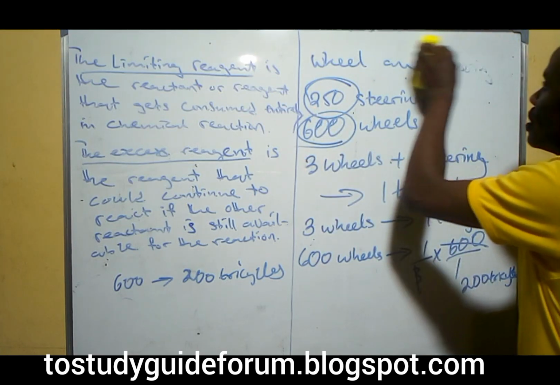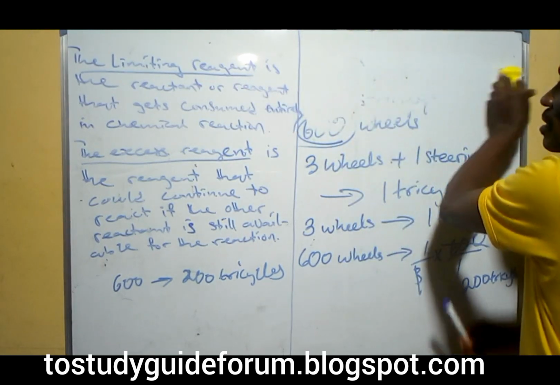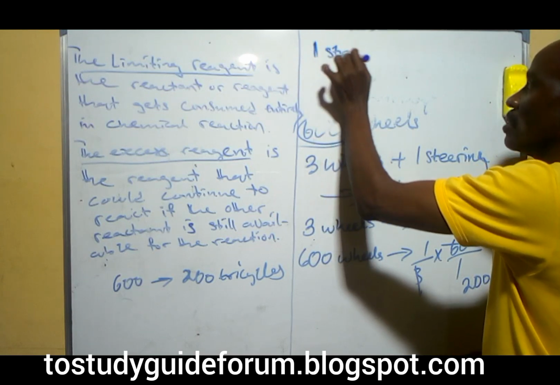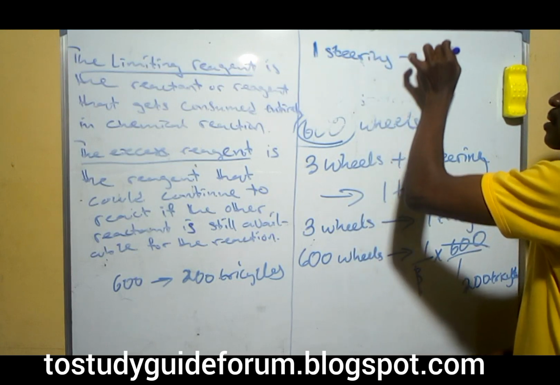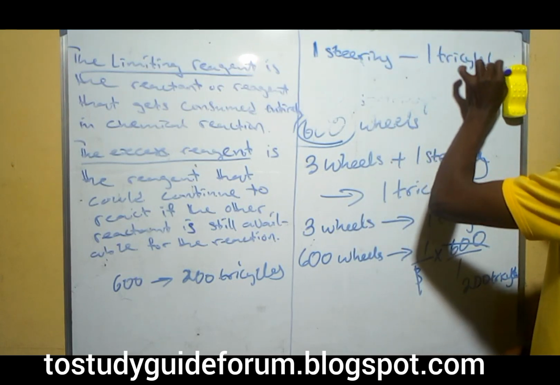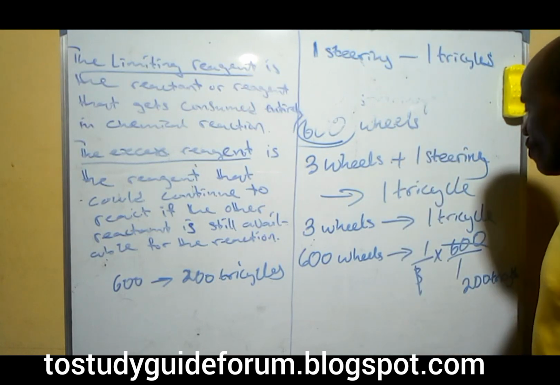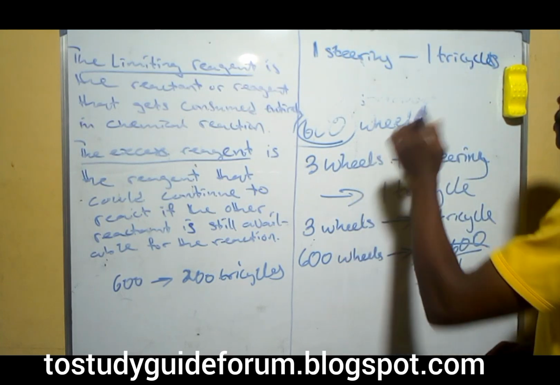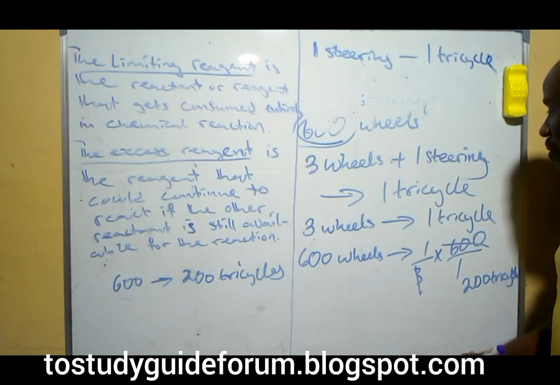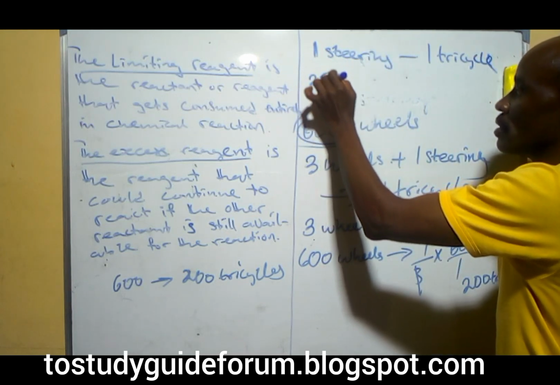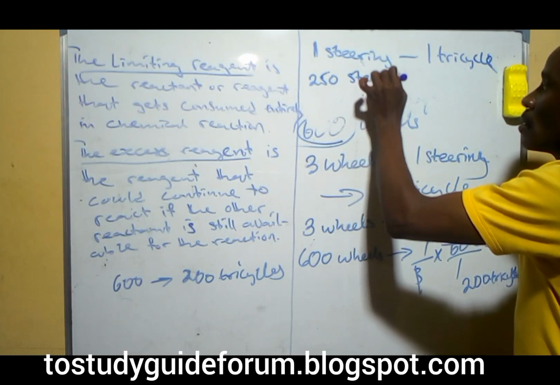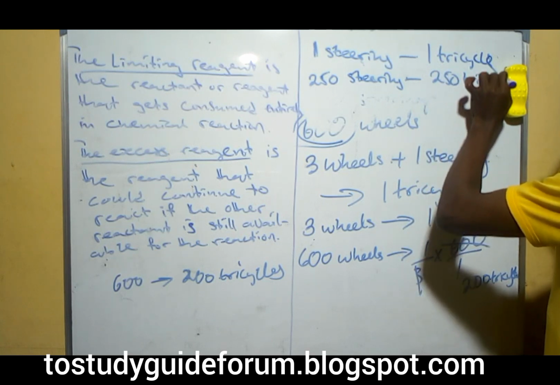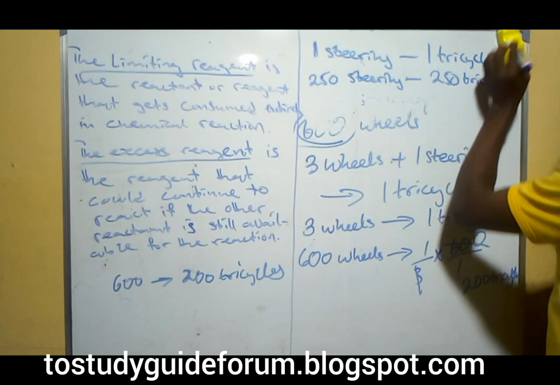Since one steering is equal to one tricycle, 250 steerings will give us the same: 250 tricycles.